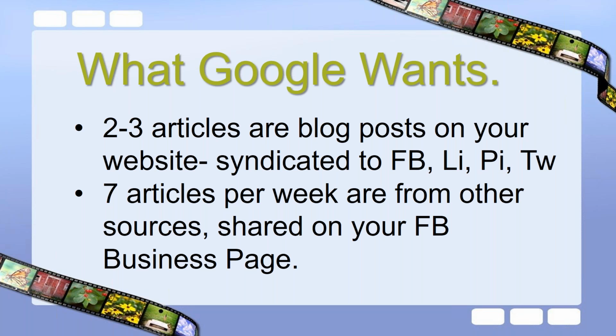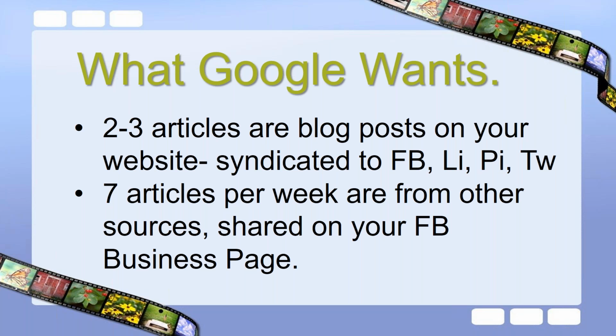FB is Facebook, LI is LinkedIn, PI is Pinterest, and TW is Twitter. The 7 articles per week from other sources are shared on your Facebook business page, LinkedIn, Pinterest, and Twitter.